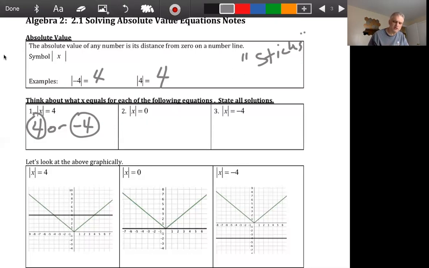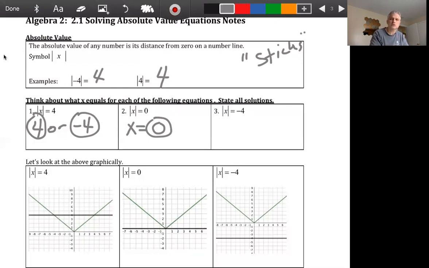Now what about when the absolute value of x is 0? Well, obviously, you're not going to go 0 and -0. You're just going to say x has got to be 0 because the absolute value of 0 is 0. This last one, if I have the absolute value equal to a negative number, can't happen.